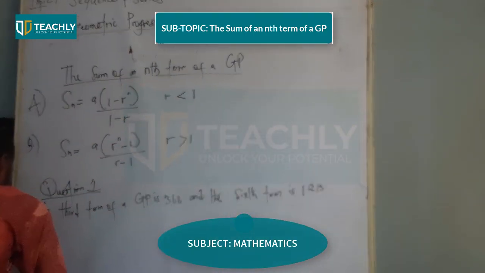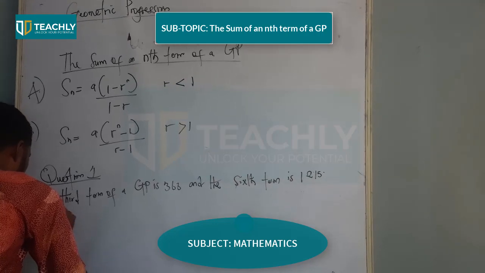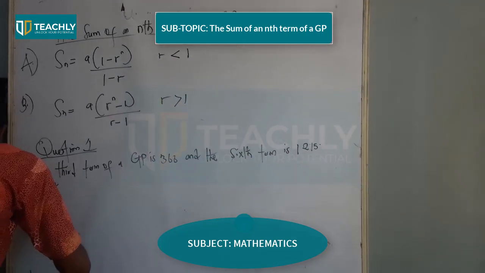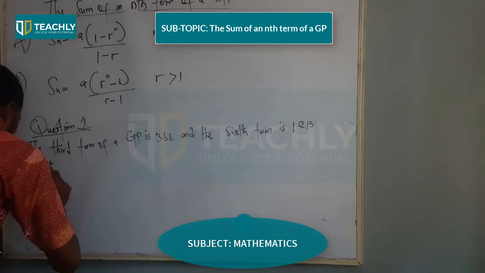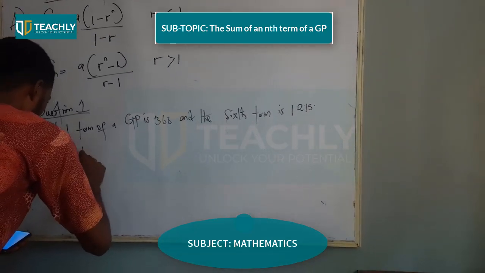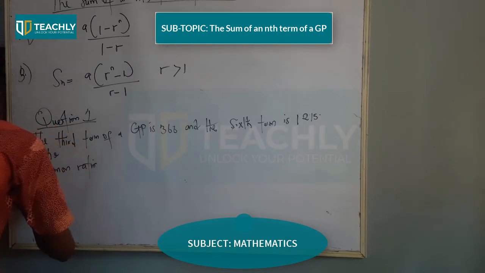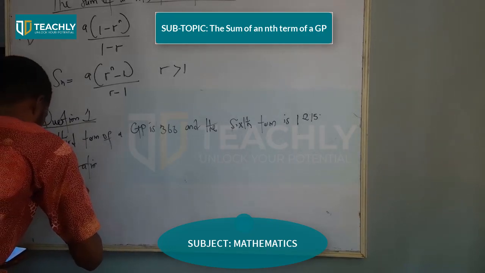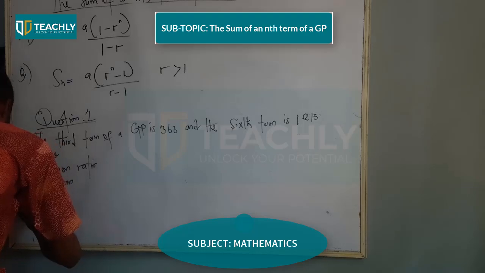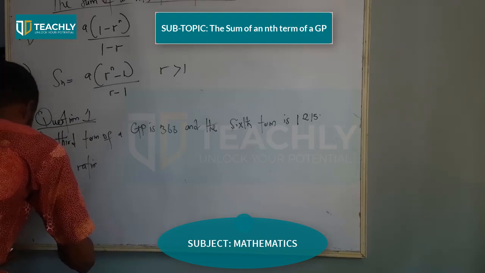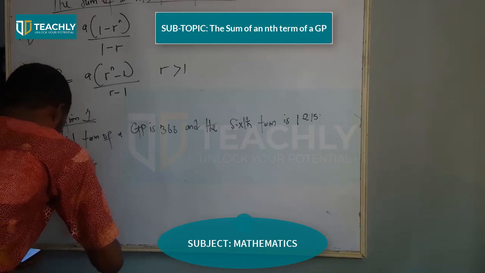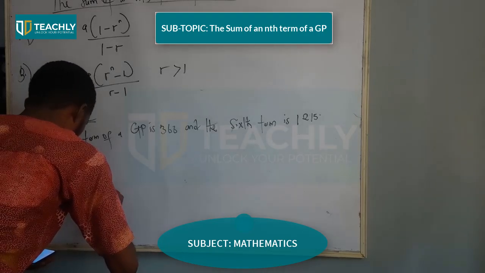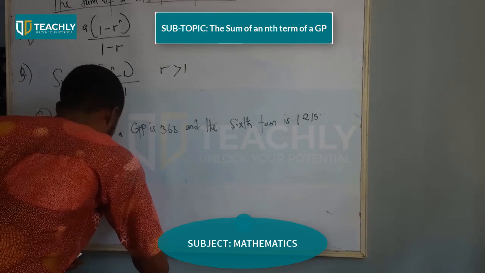We're now told to find: one, the common ratio; two, the first term; three, the sum of the first 4 terms.